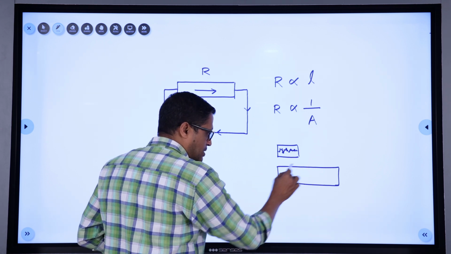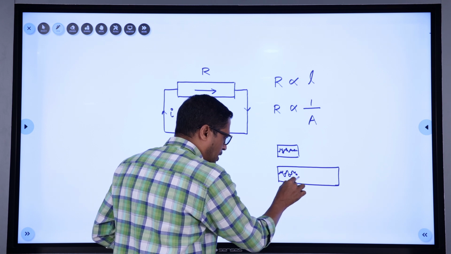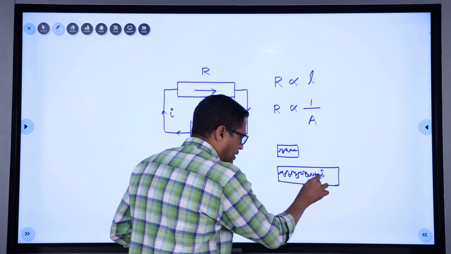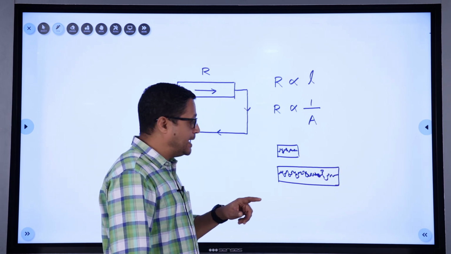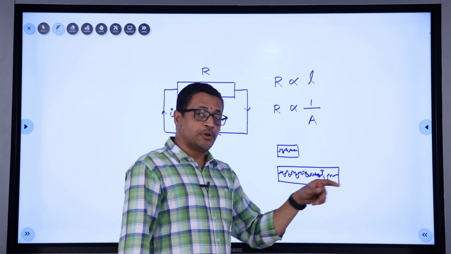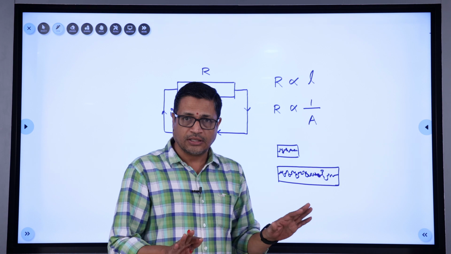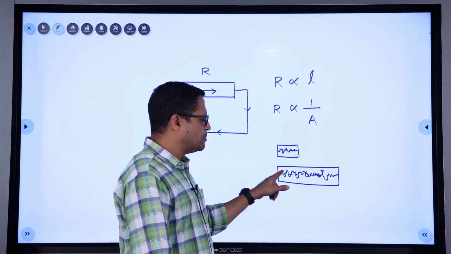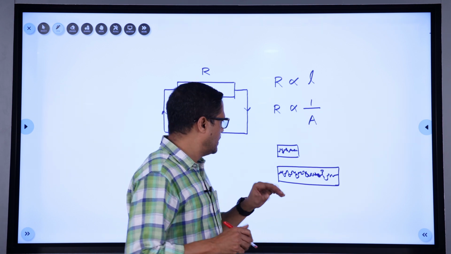Whereas if the conductor is long, then the collisions will take place much more and there will be lots and lots of haphazard movement before the charged particles actually manage to come here. Therefore, they end up believing that there are more number of collisions and therefore the resistance increases with length. This is wrong. Resistance does depend on length, but the reason is not because the charged particles have to travel a greater length. That is fundamentally wrong, right?